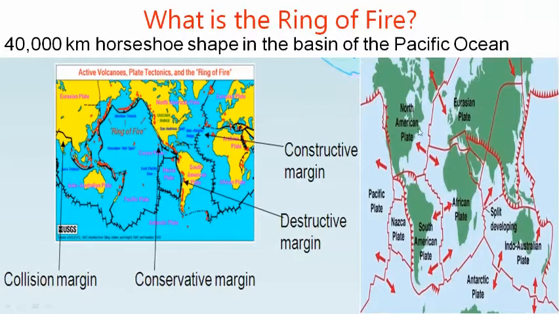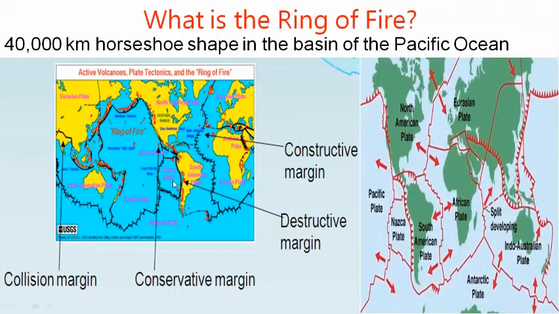So this is the region where various plates are either converging or destructive, they are moving towards each other, like this Nazca and this South American plate. This Nazca plate over here, what is written? Destructive.